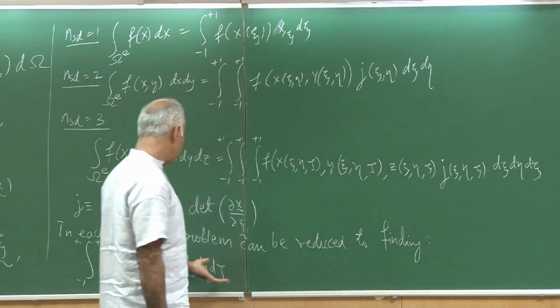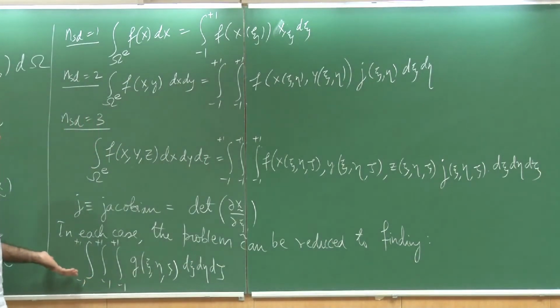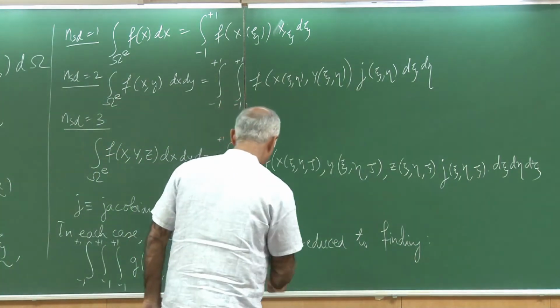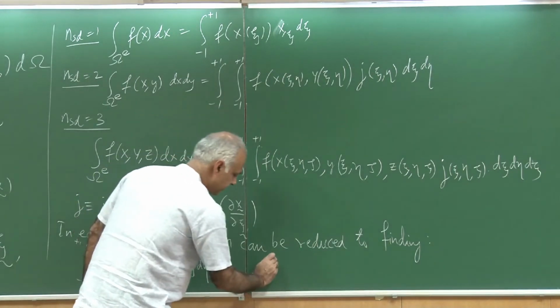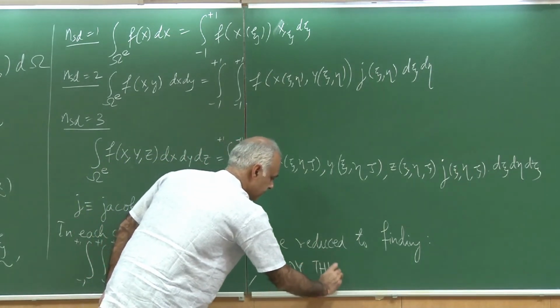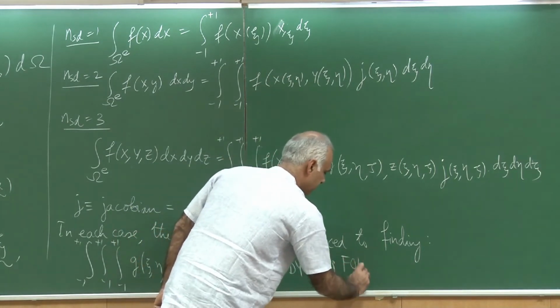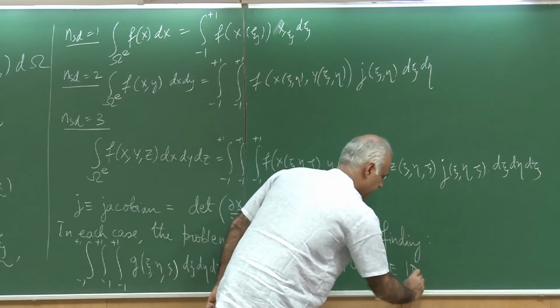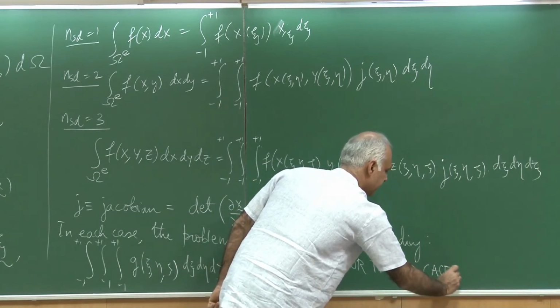Okay, so if I can calculate this integral, then actually I am done, and I can then take special cases of this in 1 and 2 dimensions. So we will study this for the 1D case, and then we will generalize it.